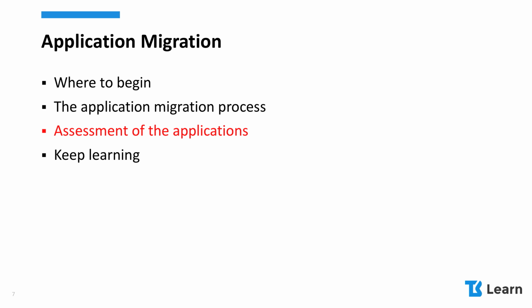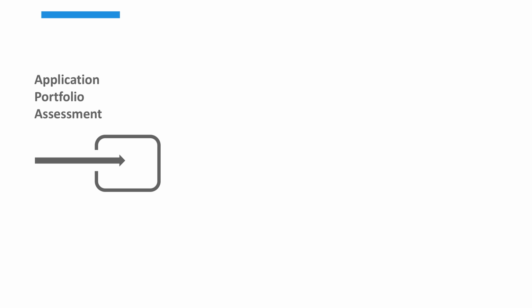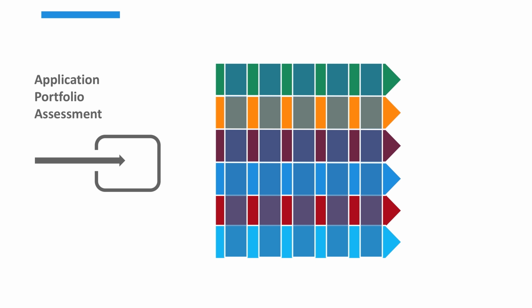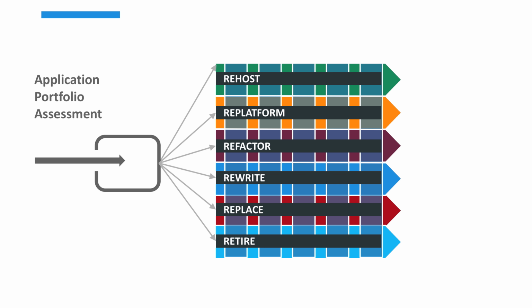Okay, let's look at the process of assessing the applications. So in the world of application migration, we have an application portfolio assessment process. And that's where we look at the existing systems and we determine exactly what directions those systems need to move into. So we have a couple of choices. We have rehosting or lift and shift. We have replatforming, or basically moving from one platform to another with minor modifications.